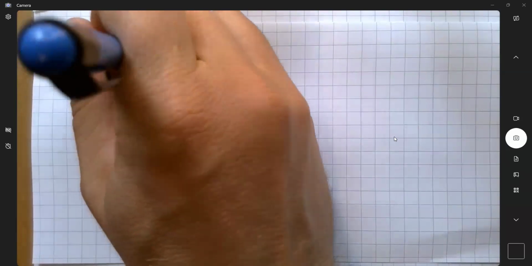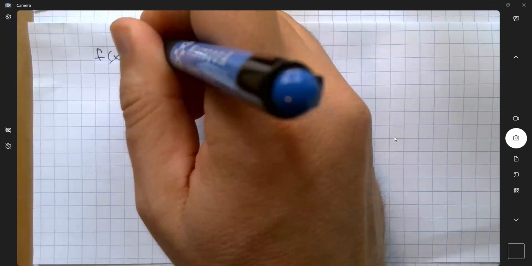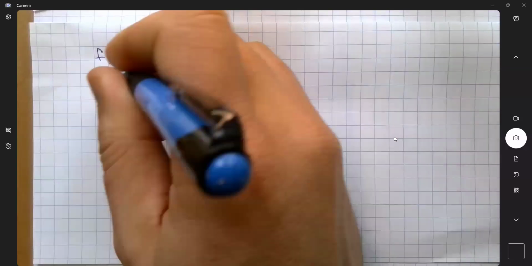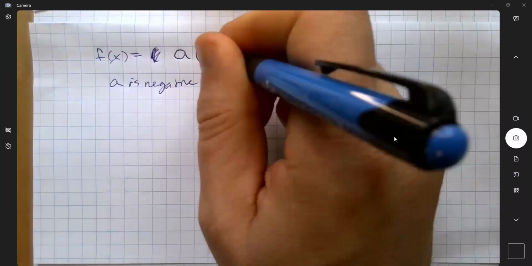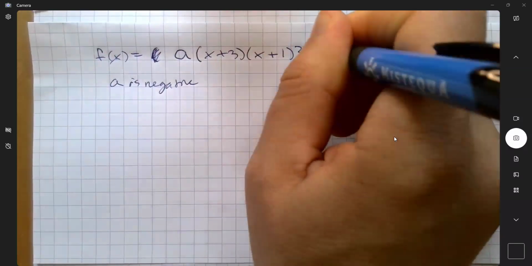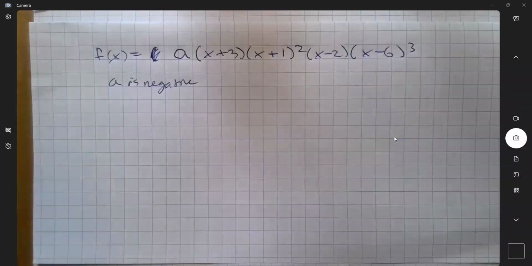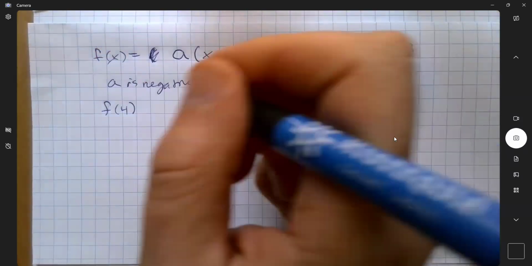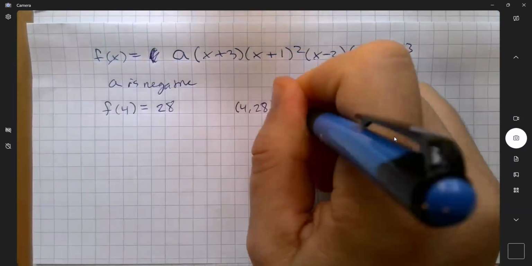Because if I know, I'll rewrite my formula: f of x equals negative, I'm going to call it a, and I'm just going to remember that a is negative. a times x plus 3 times x plus 1 squared times x minus 2 times x minus 6 cubed. If I put 4 in for x, I should get 28 out because the point 4, 28 is on the graph.